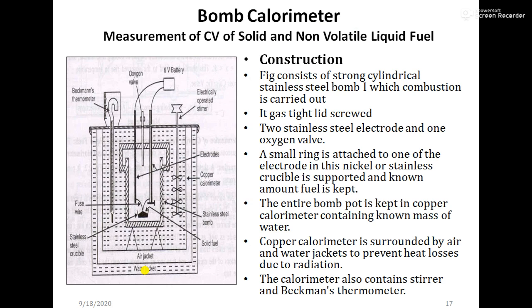So you can see in the diagram, a known mass of fuel is kept here in the crucible, which is attached to the ring, which is attached to the electrode, and that electrode is attached to the 6-volt battery, and that electrode and fuel are in touch with the help of the magnesium wire.